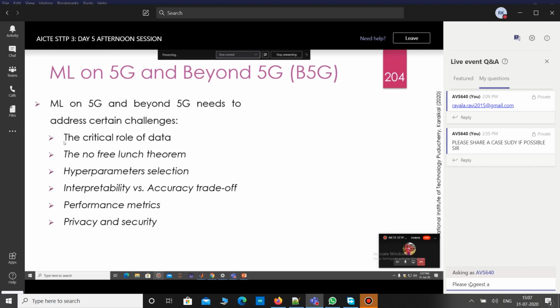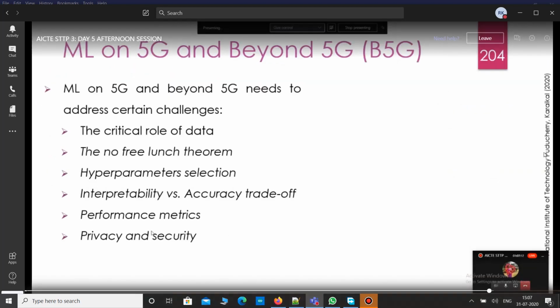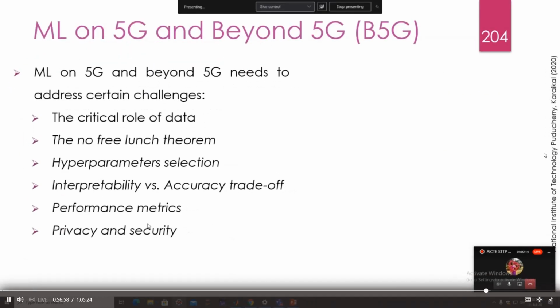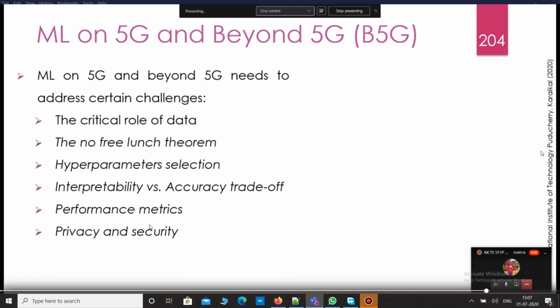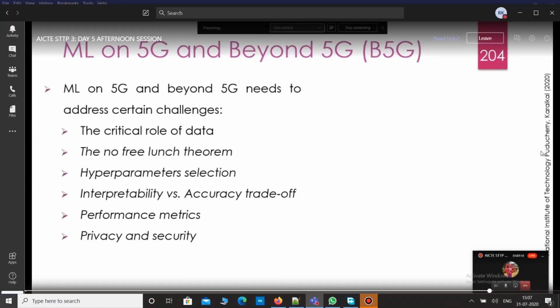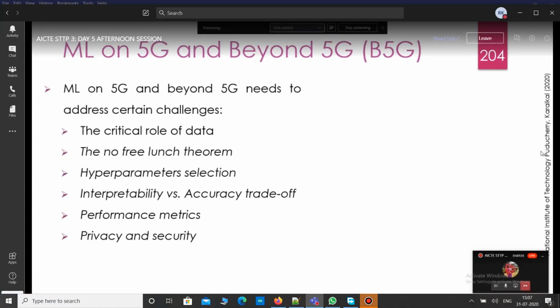So some of the challenges present in machine learning for 5G and beyond 5G are: critical role of data, no free lunch theorem, hyperparameter selection, interpretability and accuracy trade-off, performance metrics, privacy and security. These are some of the challenges we are facing in machine learning techniques for 5G as well as beyond 5G, and we'll discuss them one by one.